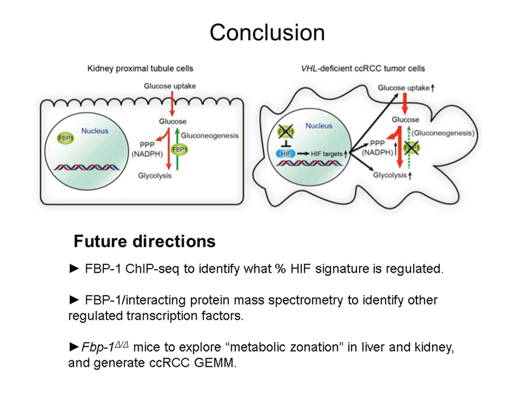And we'd ultimately like to combine VHL loss with FBP1 loss to generate a more faithful replica of clear cell renal cell carcinoma in a genetically engineered mouse model, which is something that has not been a benefit to the field up to this time.